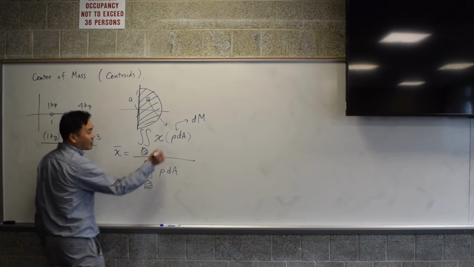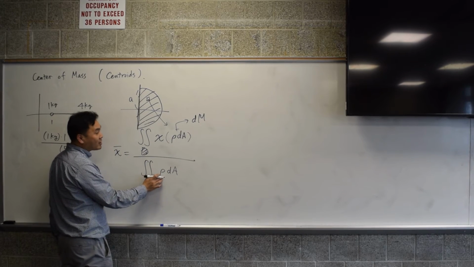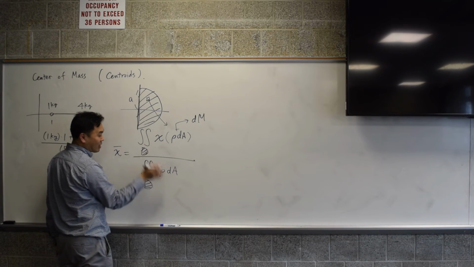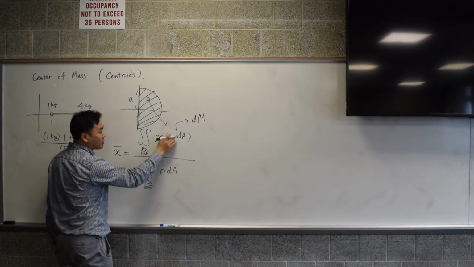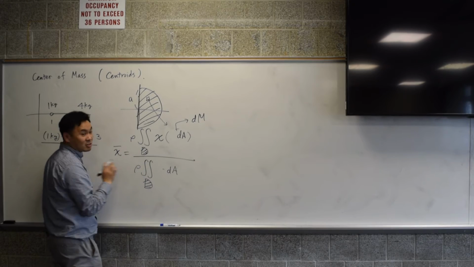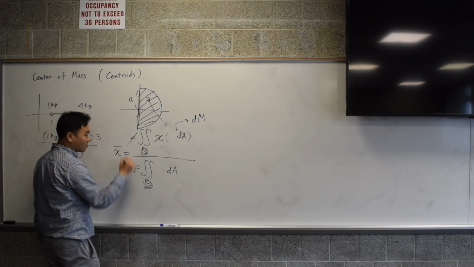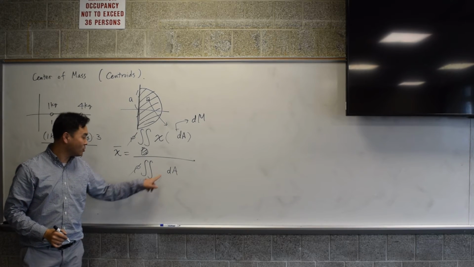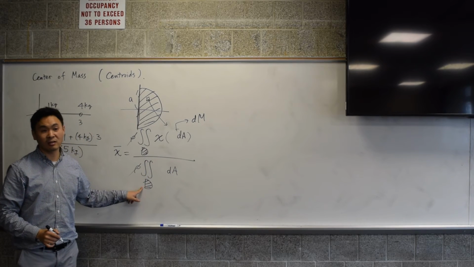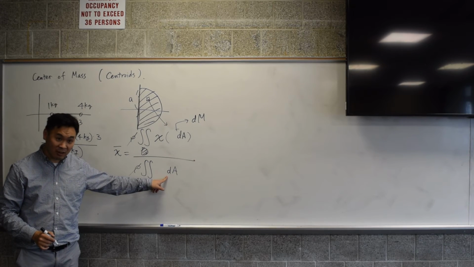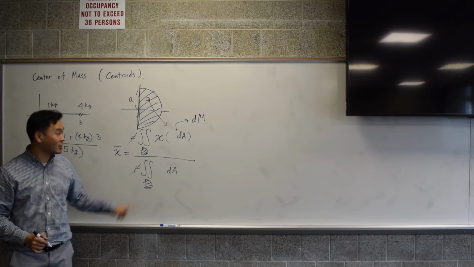So in that case, the density is independent of the position x or y. Therefore, we can bring this outside the integral. Because these are constants, we can cancel them. And look at what this is. If you integrate dA, you get the area, the area of the entire thing.